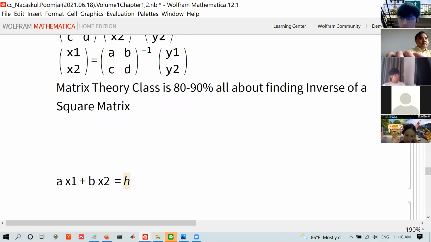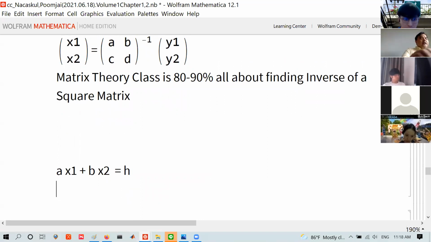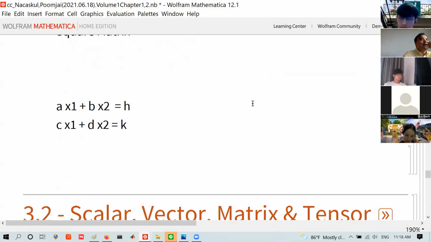And cx1 plus dx2 is equal to k, right? So this is a number, this is a number, this is a number, number, variable, right? So how many equations do you have? 1, 2. How many unknowns do you have? 1, 2, right? Now, how do you solve this?